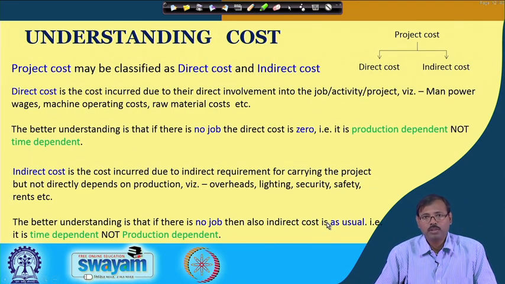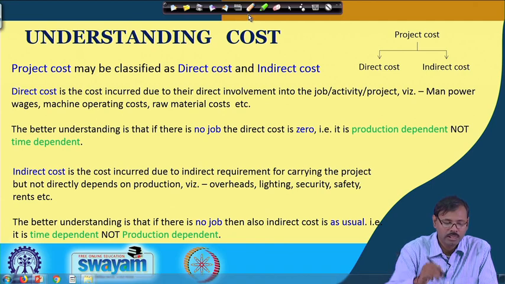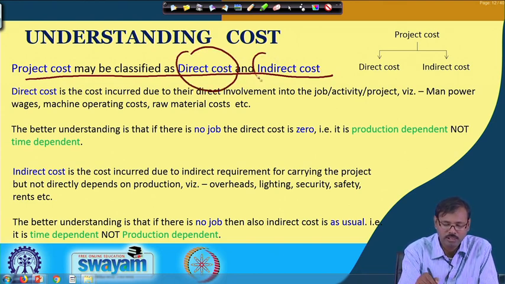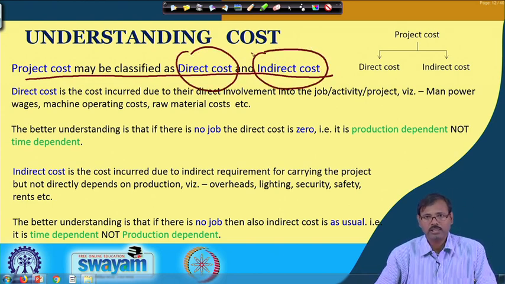But before that we have to understand what the cost of a project is. The cost of a project is classified in two terms: one is direct cost, another is indirect cost. Now, let us understand what cost is. Suppose we want to manufacture a bolt in a lathe machine.